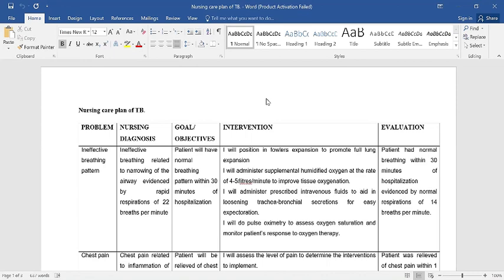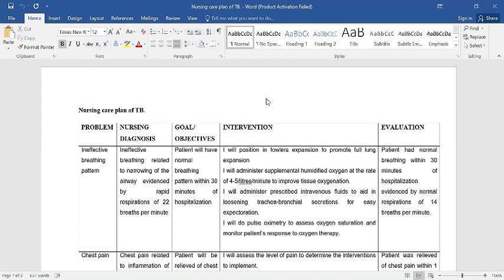We move to the nursing diagnosis. Our nursing diagnosis is ineffective breathing pattern related to narrowing of the airway evidenced by rapid respirations of 22 breaths per minute.